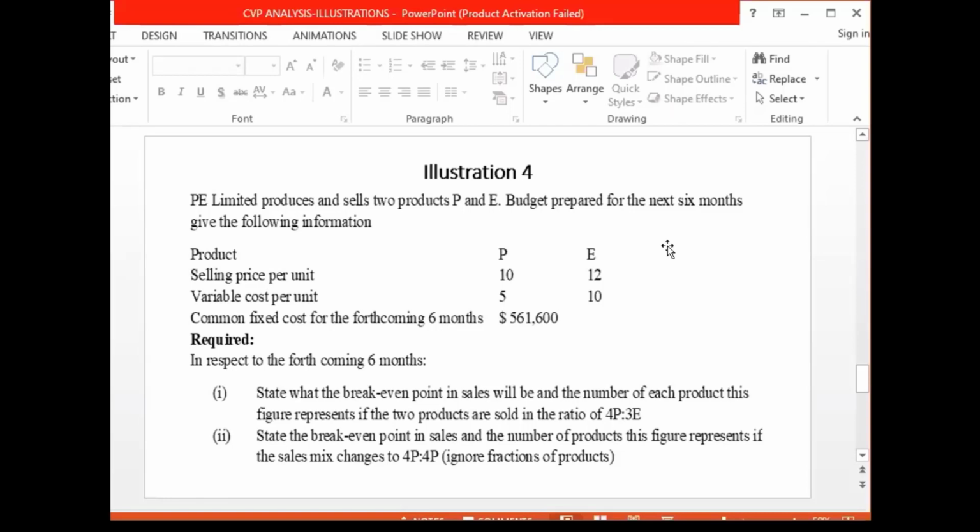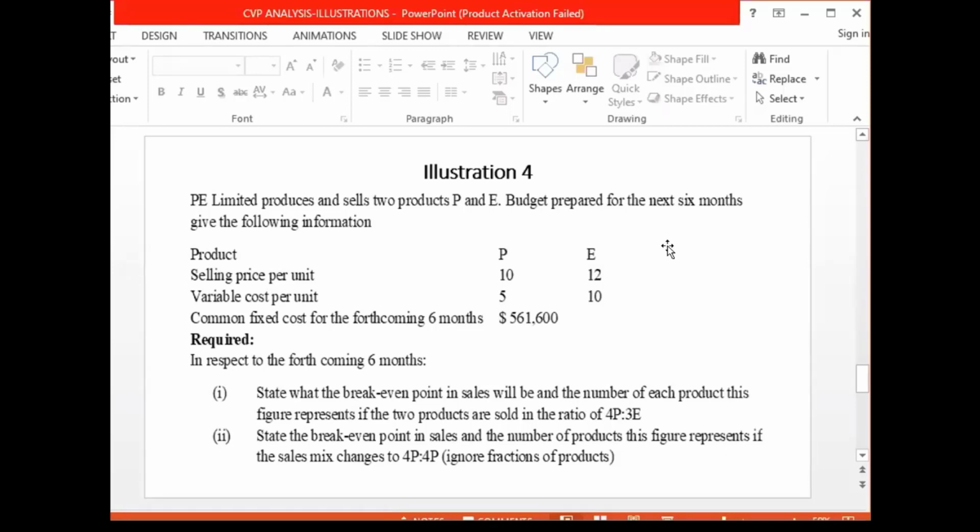Illustration 4. PE Limited produces and sells 2 products, P and E. Budget prepared for the next 6 months gives the following information. Product selling price is that for P and for E. The variable cost per unit is that for P and E. Then common fixed cost for the forthcoming 6 months is that.